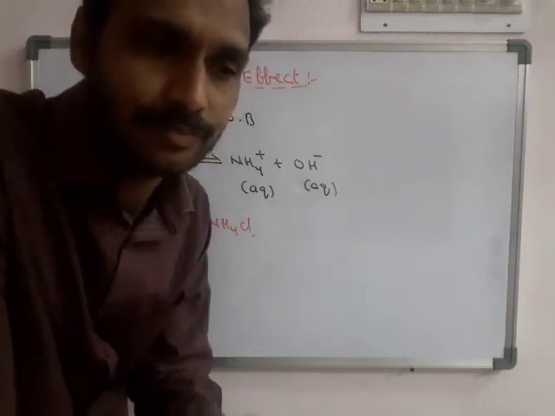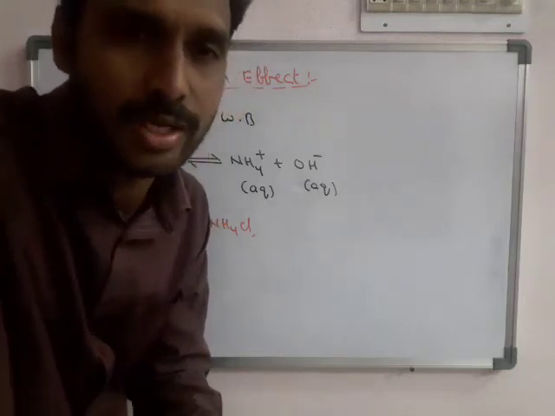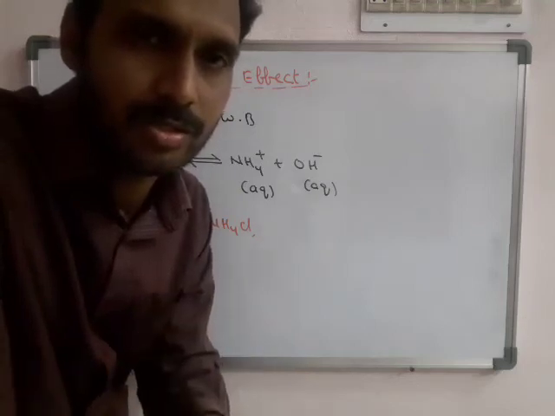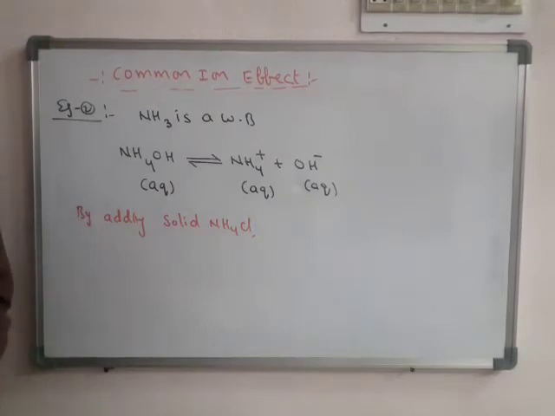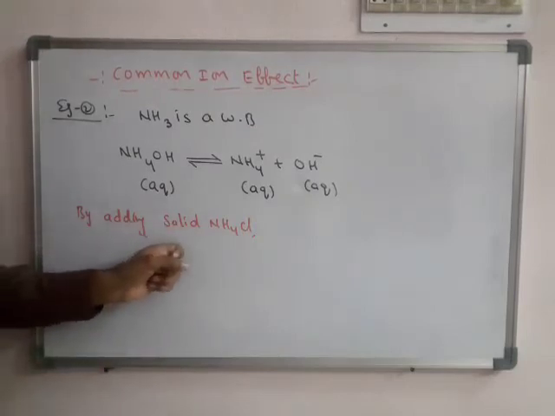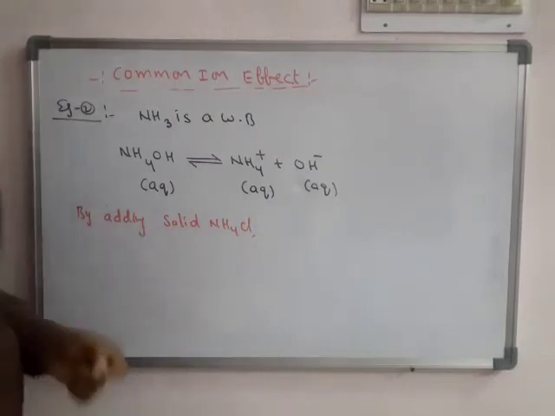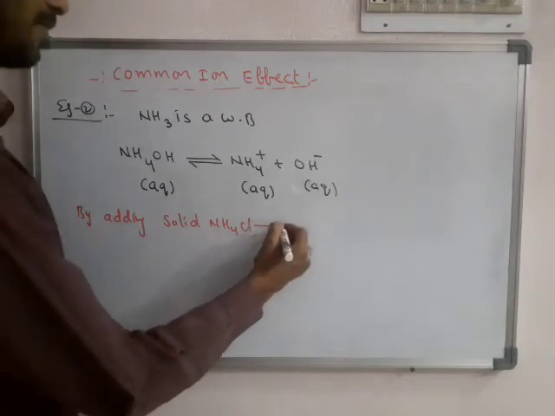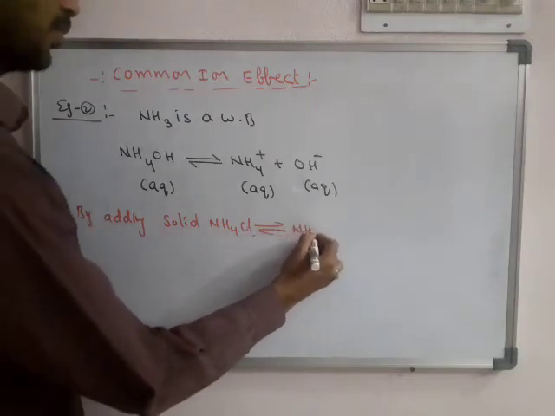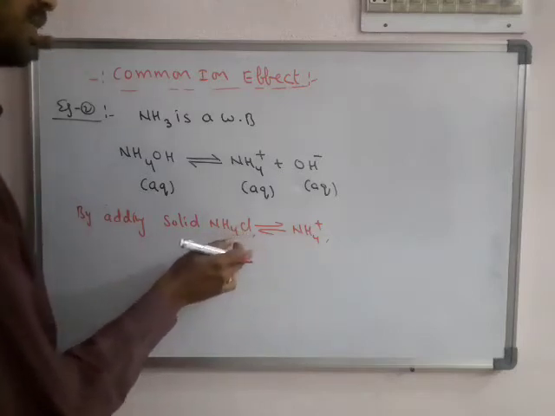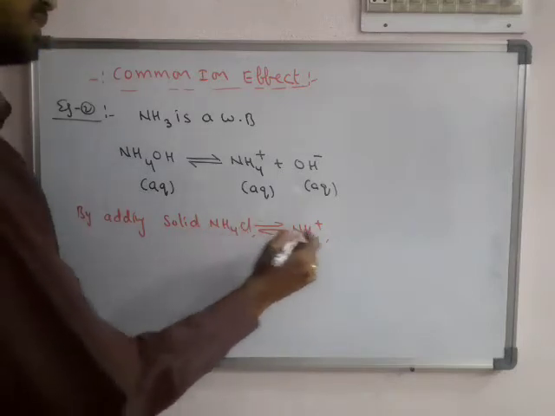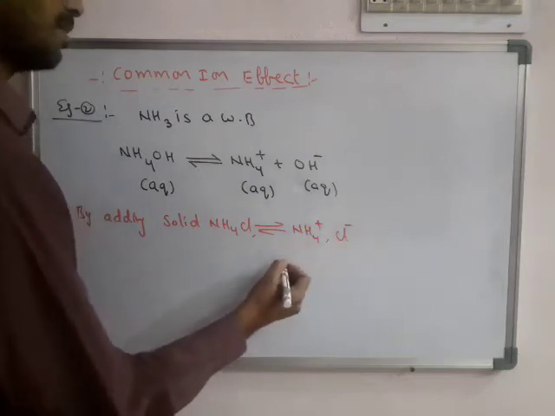It is a salt, and salts are generally strong electrolytes. All salts are treated as strong electrolytes. Ammonium chloride is a salt, so only ionic bonds are present, and NH4 plus and Cl minus are present.